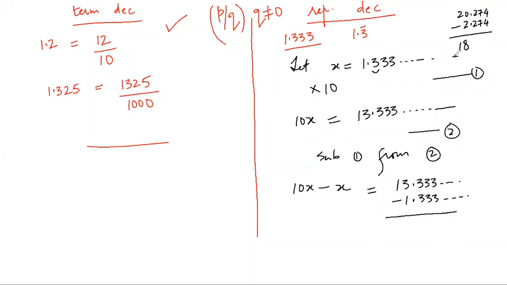Answer is 18. Simply like that, this decimal part is gone. Here the answer is 12. Now 9x is equal to 12. x is equal to 12 by 9. In the coprime form, it will be 4 by 3, since 3 fours are 12, 3 threes are 9. And if you divide, students, you will again get 1.333.